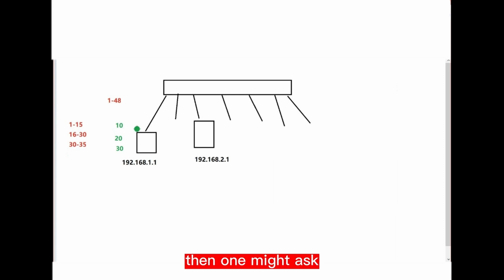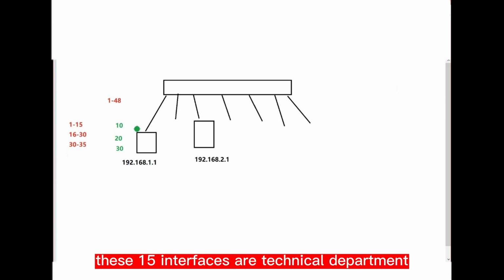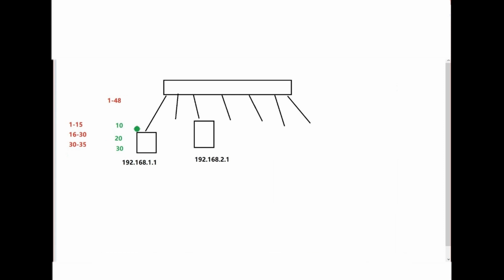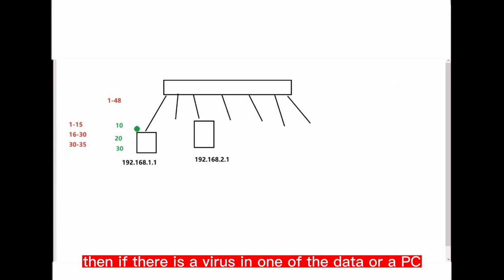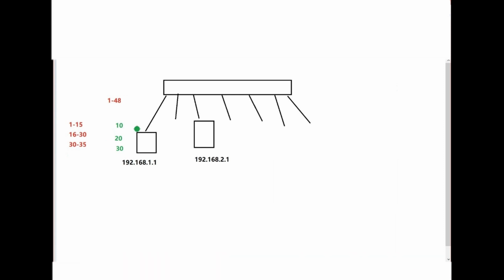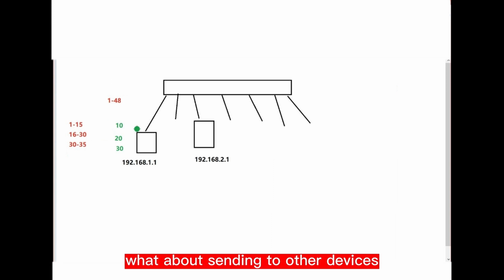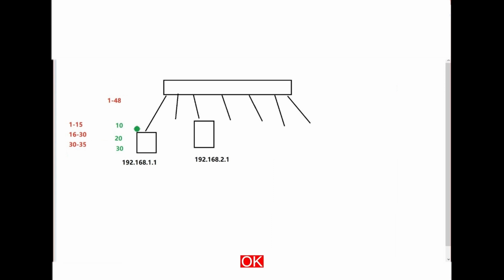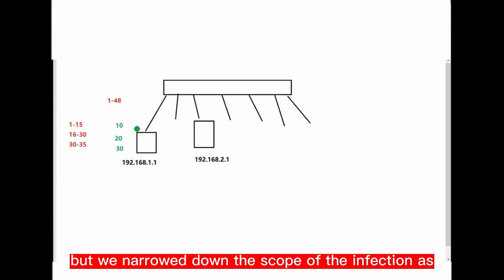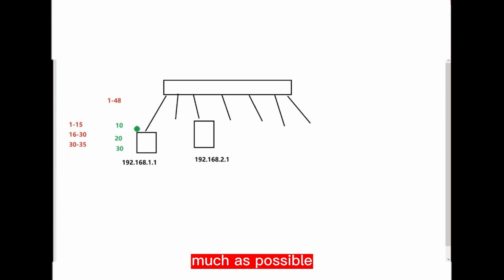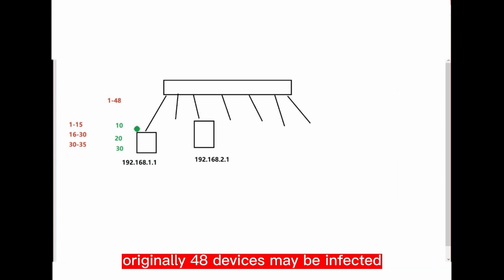Then one might ask. These 15 interfaces are technical department. Then if there is a virus in one of the data or a PC, what about sending to other devices? Okay. They also get infected. But we narrowed down the scope of the infection as much as possible. Originally 48 devices may be infected.